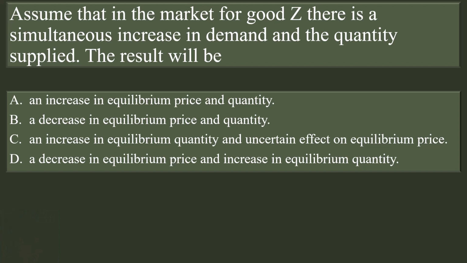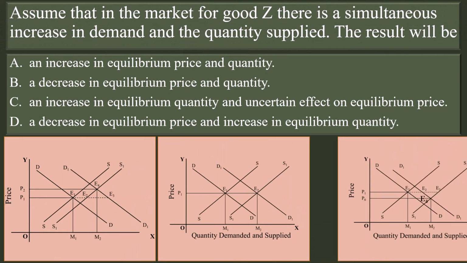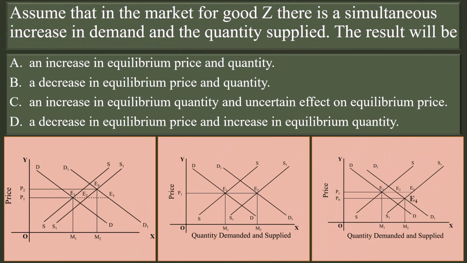The increase in demand and supply can take place in three ways. I have presented all the three cases in the form of graphs here. At the left extreme, the increase in demand is greater than the increase in supply. In all the three cases, D is the original demand curve, D1 is the new demand curve.